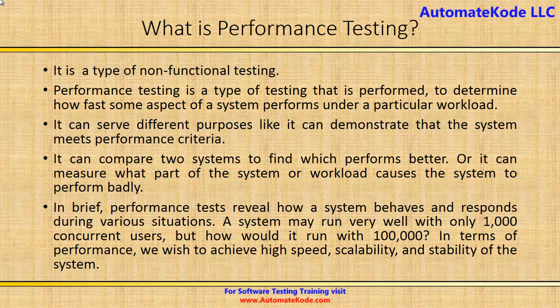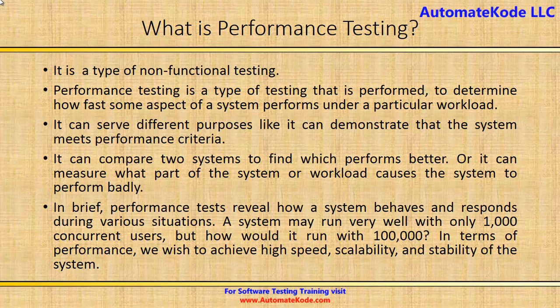Then the question is: we find out whether the system is performing poorly or not. We are conducting all the tests, we are also analyzing and measuring. Then what else is left? Then why is it still performing poorly after doing all kinds of testing?